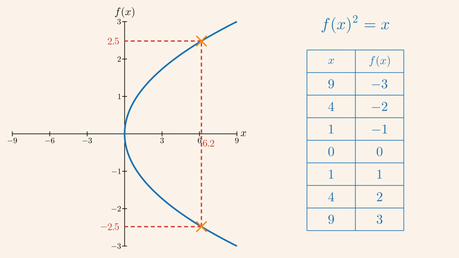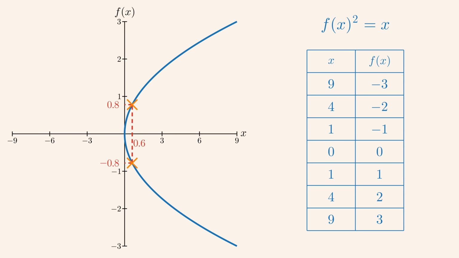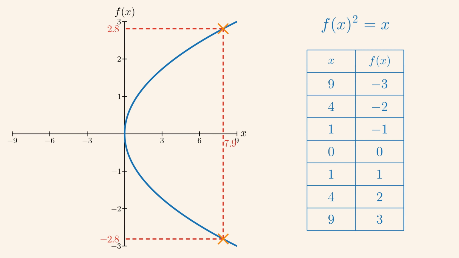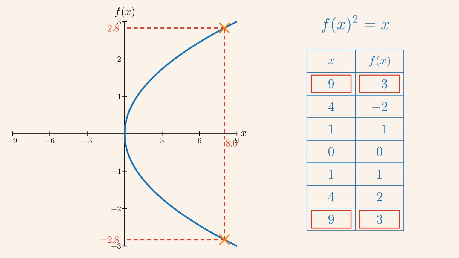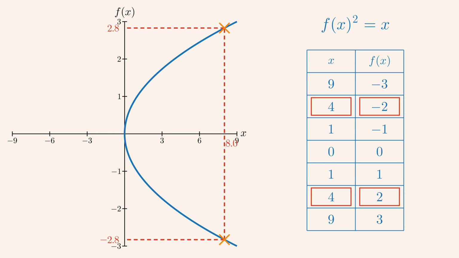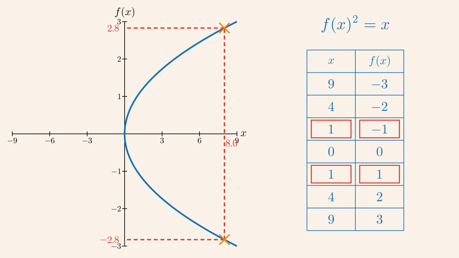This happens for every positive value of x, except when x is 0. In this case, x cannot be negative. The table shows the same behavior. A single x value can produce both the positive and negative versions of an f value, which is not allowed for a function, and so this is not a function at all.